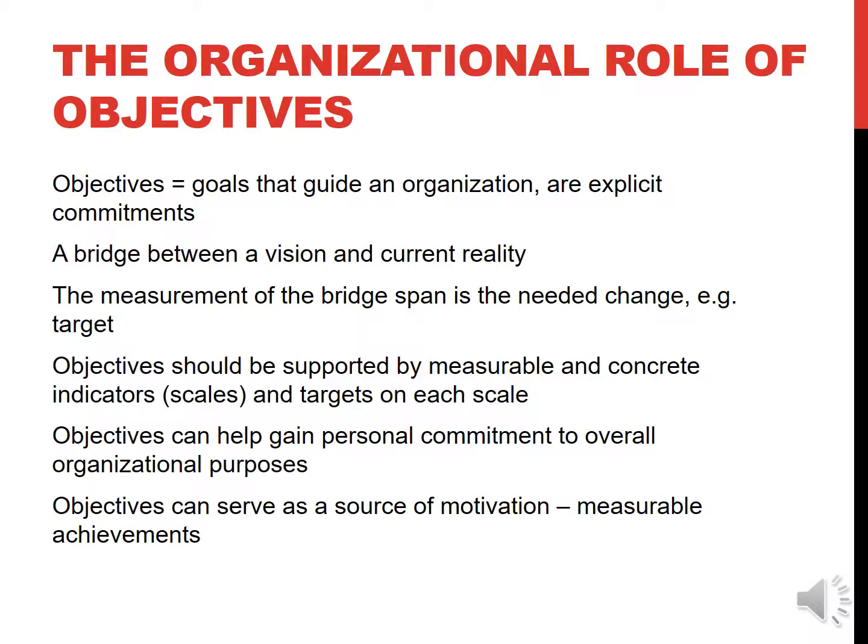So it goes down from 70 to 60. So that would be an indicator. The scale is the temperature scale, and the target is 60 degrees. And the actual objective, what we're trying to accomplish, is the 10-degree reduction to hit the target of 60 degrees.